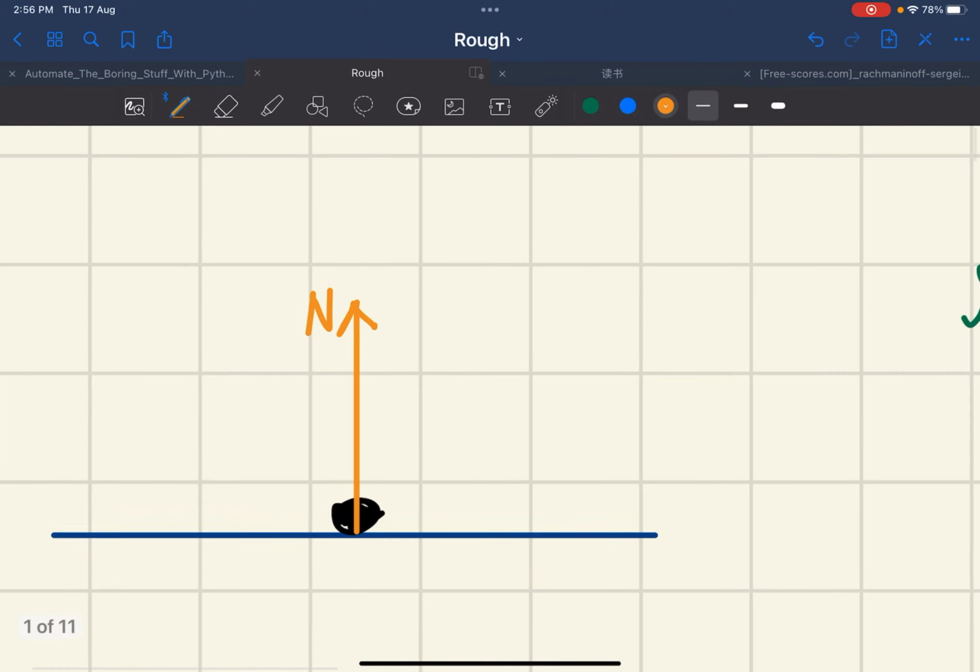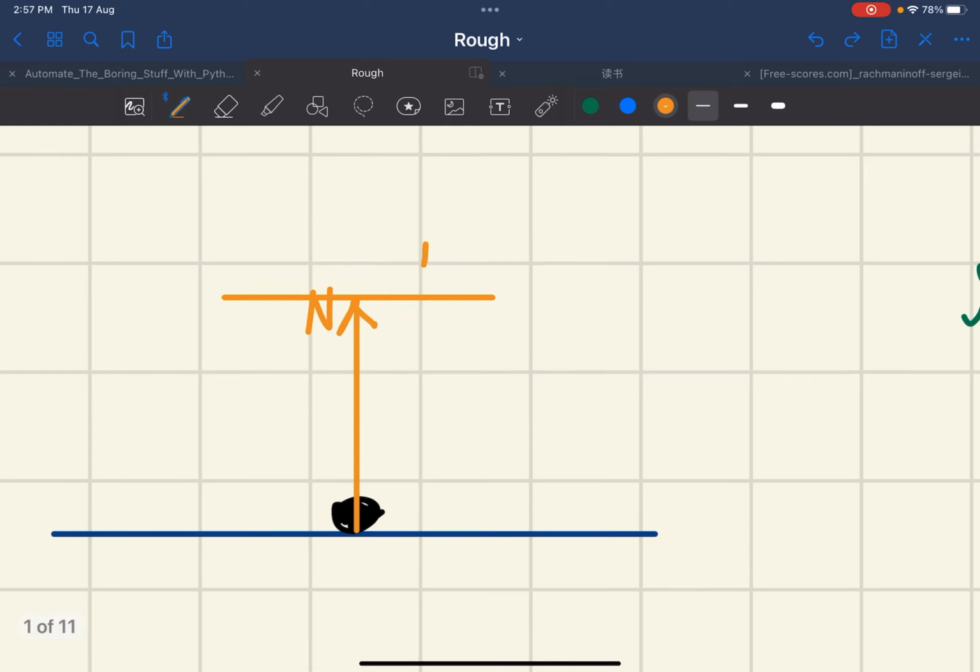Okay, let's say we have an object for some situation, the normal force is N. Draw a line like this, where this length here has a length of μN. This one also has a length of μN.